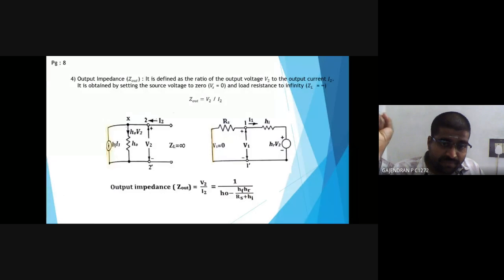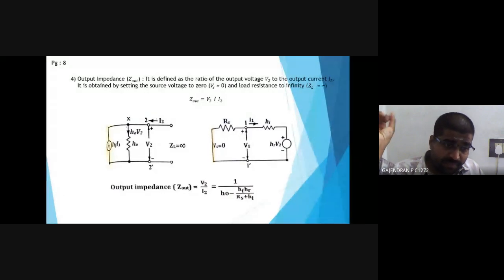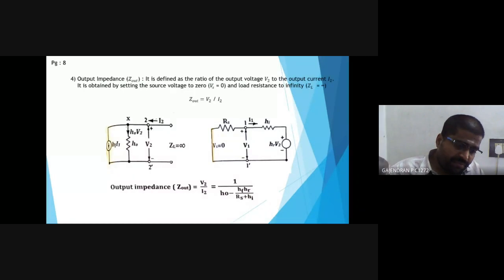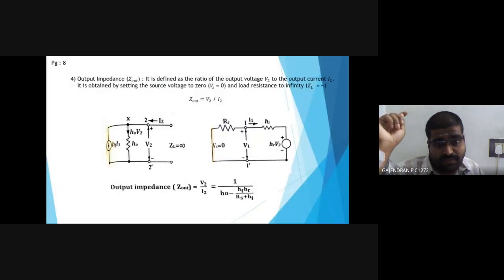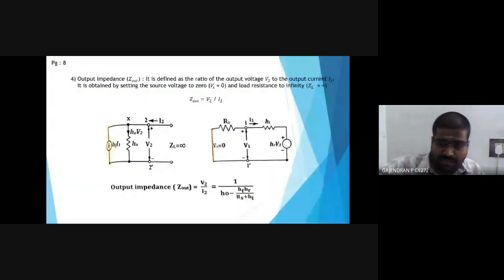Simply see whether they are asking input or output impedance. If it's input, just put input voltage by input current. If they ask output impedance, just change the 1 into 2, and you will get the basic formula of output impedance.